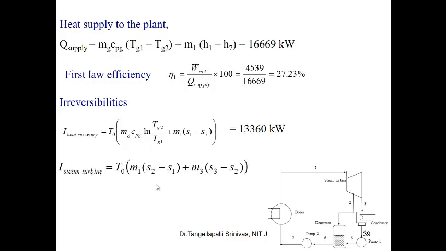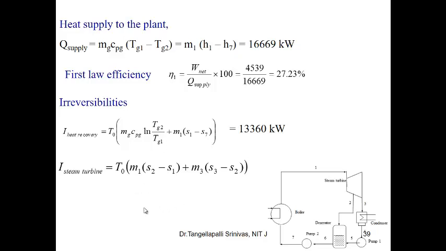The turbine is also determined using a similar equation, that is ΔS of the universe, that is ΔS of system 1 and ΔS of system 2. Here, for the system, we consider only the turbine because there is no heat loss. We assumed the steam turbine is completely insulated.